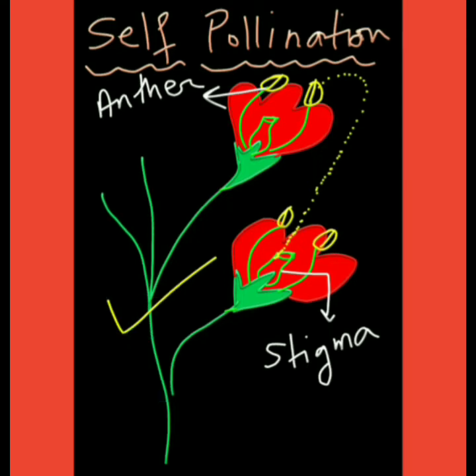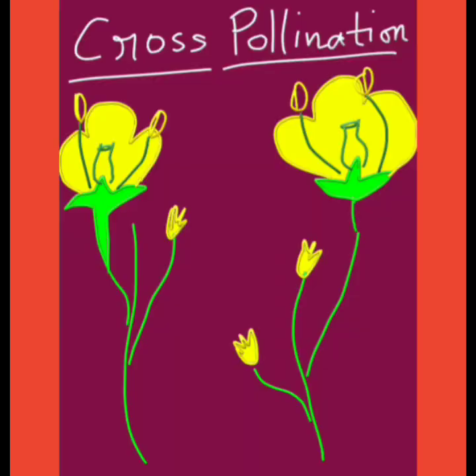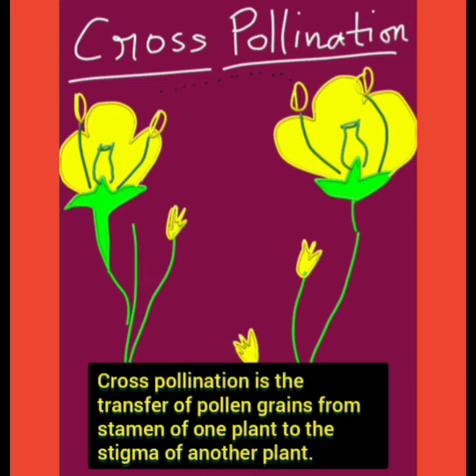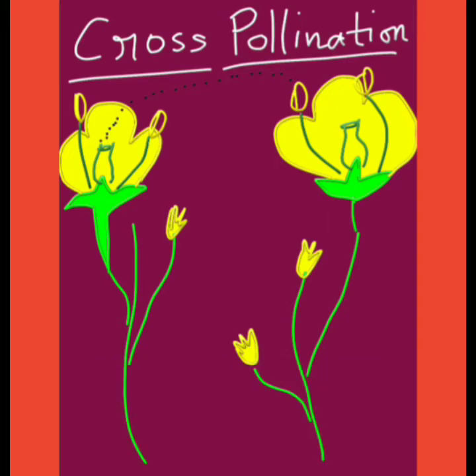So when pollen grains transfer from the stamen of one flower to the stigma of another flower of the same plant, then we also call it self-pollination. Now let's see what is cross-pollination. So when the pollen grain is transferred from the anther of one plant to the stigma of another plant of the same kind, then it is called cross-pollination.